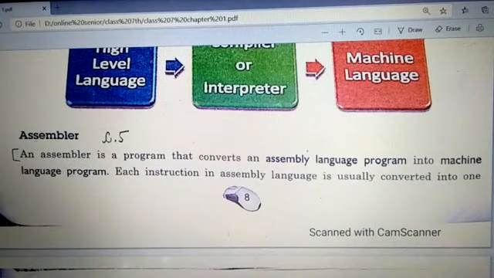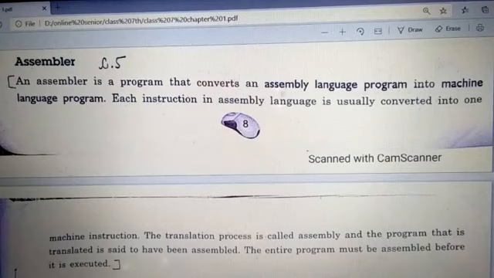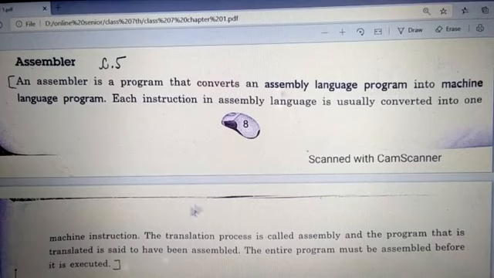What is an assembler? It is a program that converts an assembly language program into machine language. Each instruction in assembly language is usually converted into one machine instruction.